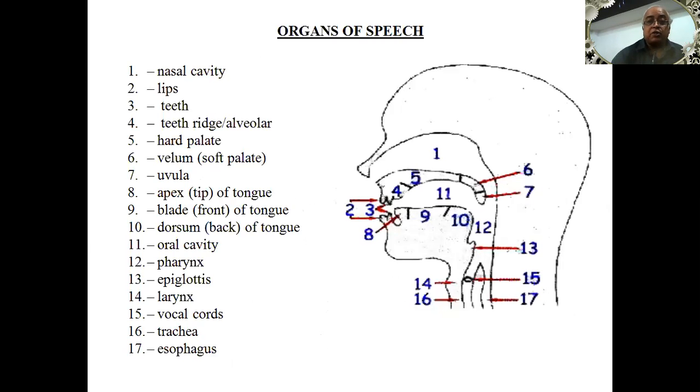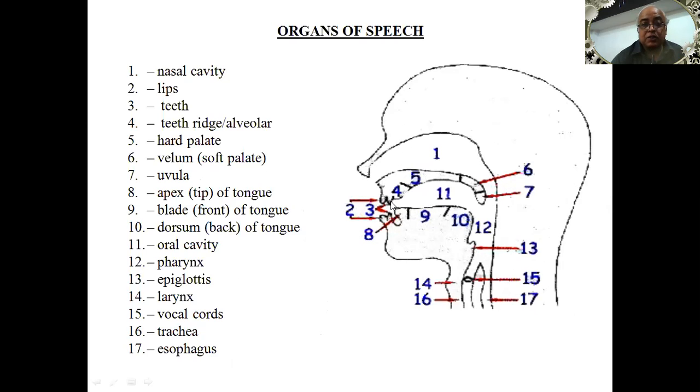Now let's look at this picture. This is the inside of a mouth, and this is the nasal cavity. This is number one. Two, the upper lips and the lower lips. Then we've got the teeth out here, the upper pair of teeth and the lower pair of teeth.